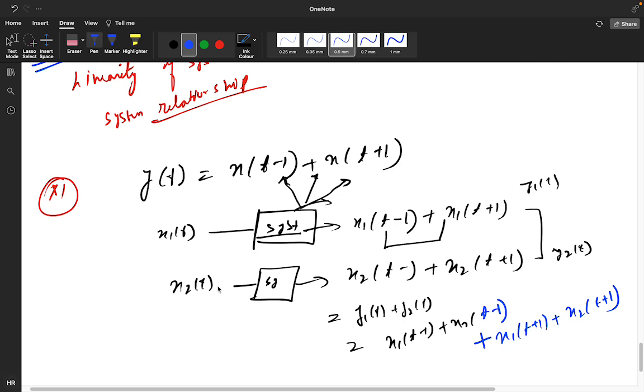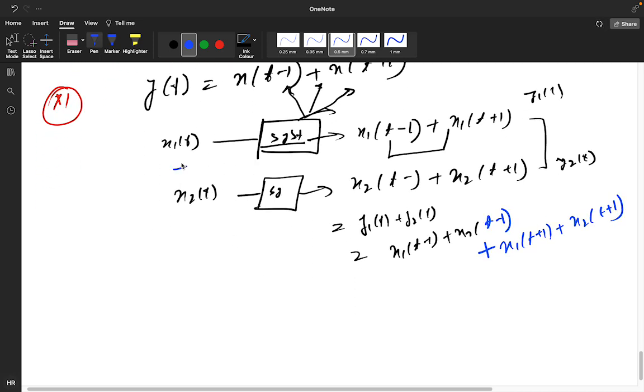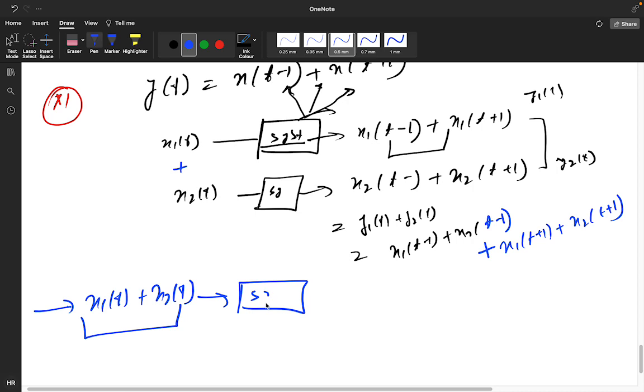Now you give the input. My next input is x1 of t plus x2 of t, and I give it to this system. What will it do? It will first delay the signal: x1 of t minus 1 plus x2 of t minus 1, delayed by 1. Then it will advance the signal: x1 of t plus 1 plus x2 of t plus 1.